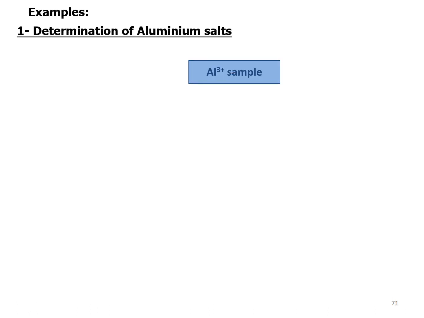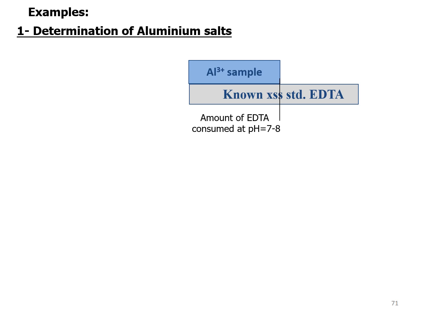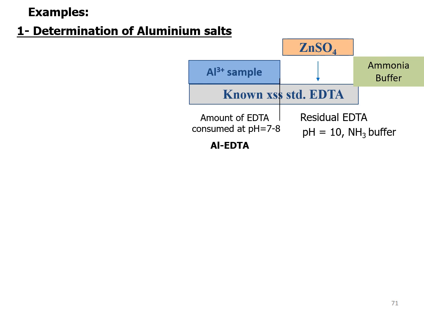Examples. To analyze aluminium, the sample is treated with a known excess of standard EDTA. The amount of EDTA consumed at pH 7 to 8 corresponds to the quantity of aluminium. Then the residual EDTA at a buffer pH 10 is treated with standard zinc sulfate, and zinc EDTA is produced.